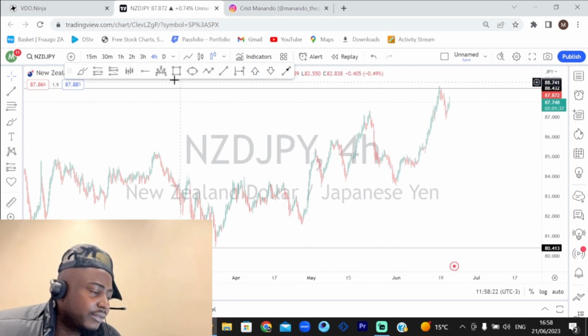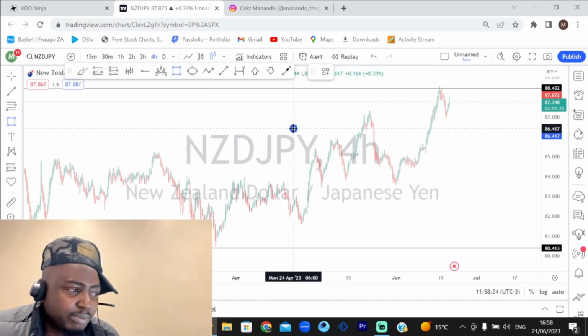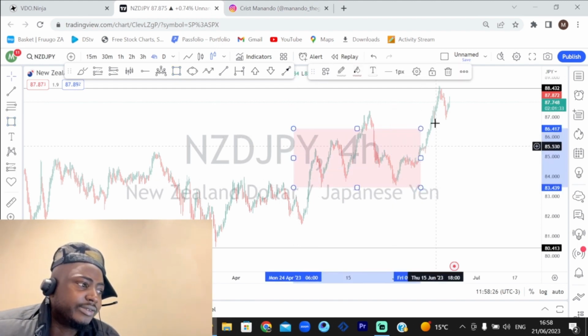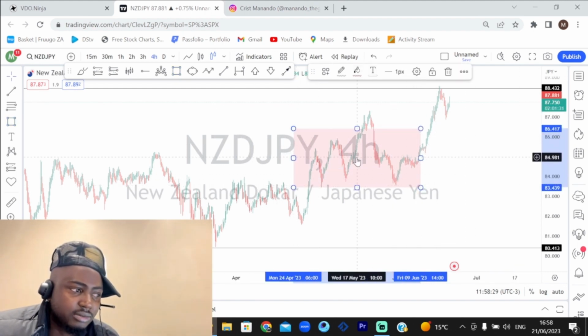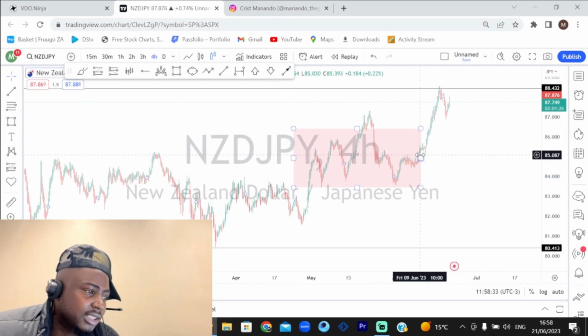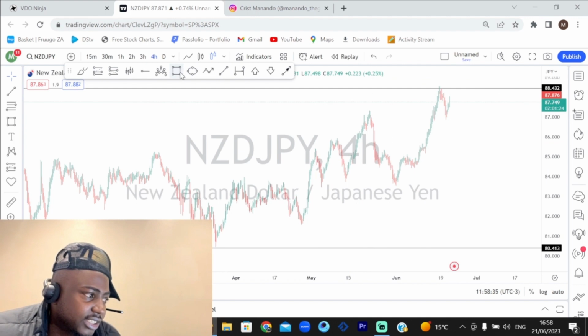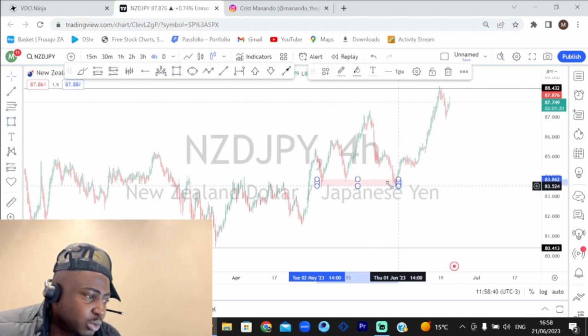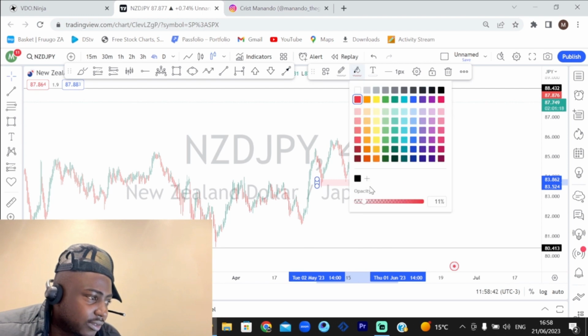The first thing that we figured out was this massive correction. The market was going sideways for a while, giving us these touches right here. I'm just gonna use the same tool. Let me make it darker for you guys to actually see what's happening, right?